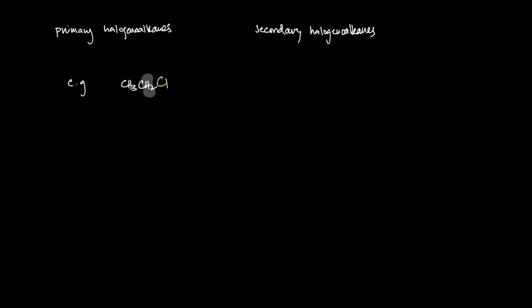what do you have? You have something like this. This is an example of a secondary halogenoalkane. Why is this a secondary halogenoalkane? Because the carbon that's bonded to the chlorine is bonded to just one hydrogen atom. In a primary halogenoalkane, you have a CH2X, where X represents the halogen atom.